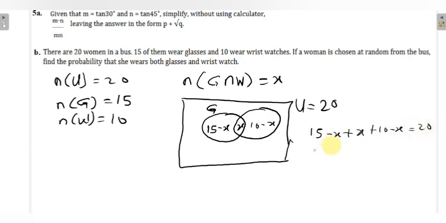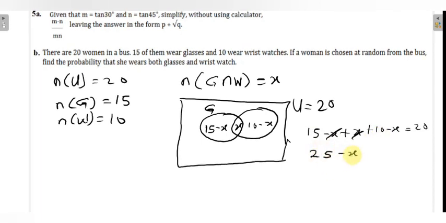You can see that this would cancel out this. 15 plus 10 is 25. 25 minus X. So 25 minus X is equal to 20. So we're going to have minus X equals 20 minus 25, minus X is equal to minus 5. Then divide both sides, and X is equal to 5.